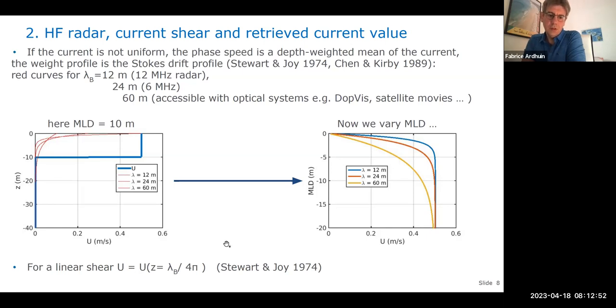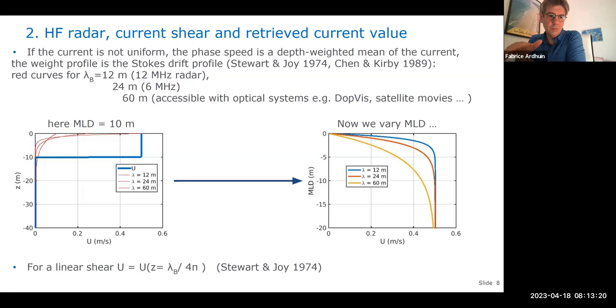And if you had a linear shear instead of that, you could show that the current you're measuring with your radar is the current at a depth which is the Bragg wavelength divided by 4 pi. So 4 pi is about 12. So for a 12 megahertz radar, you're down to about 1 meter. So it's very hard to say that the radar is measuring at a given depth, because it's not.